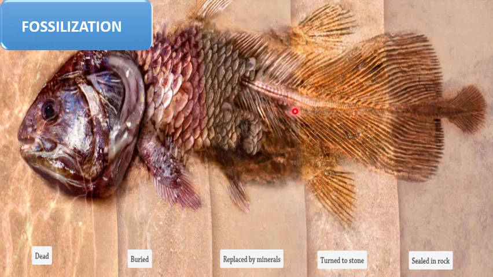After that replacement of the minerals, the organism is converted into a stony material, and ultimately that stony material is preserved in the earth's crust, sealed in rocks. So these are the simple steps for fossilization.